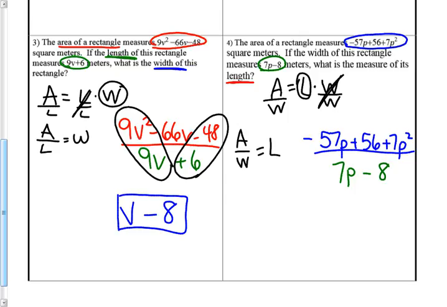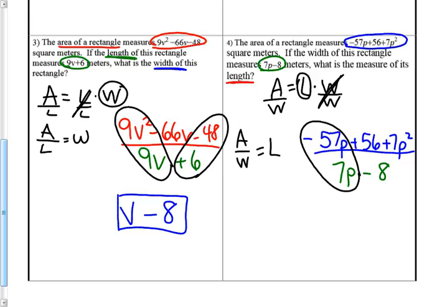So when I see this here, I notice that I can work this one out because I have negative 57 divided by 7 here. Let's see here, 7p. I'm going to fix this one for you. 57 divided by 7.